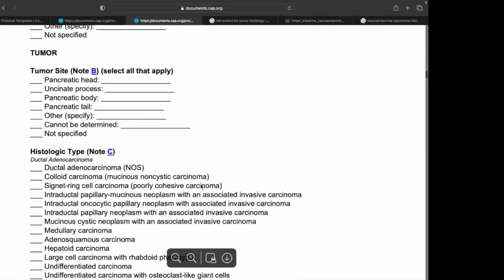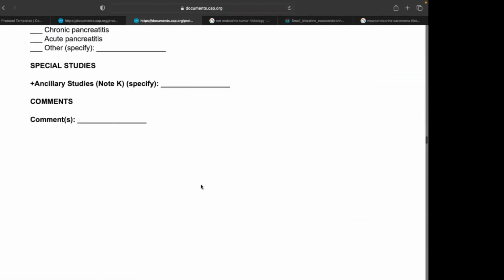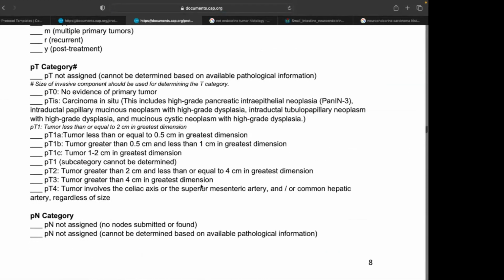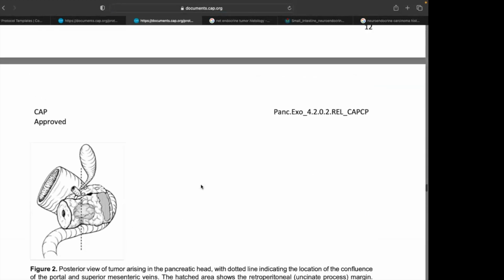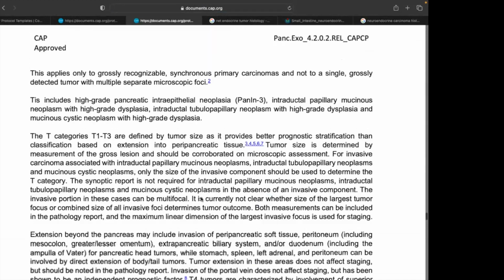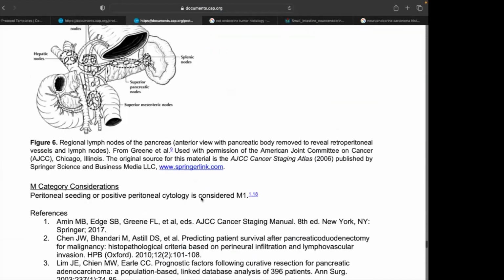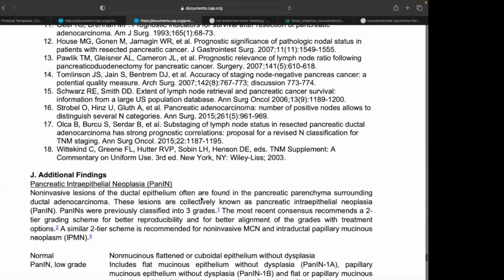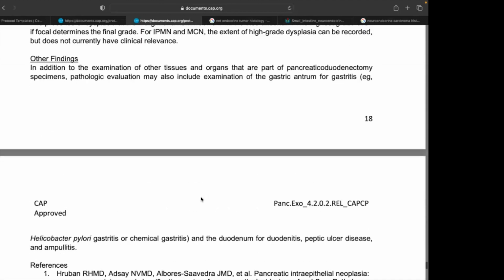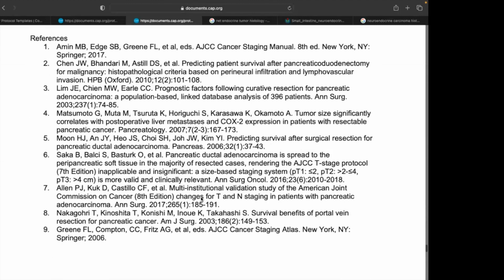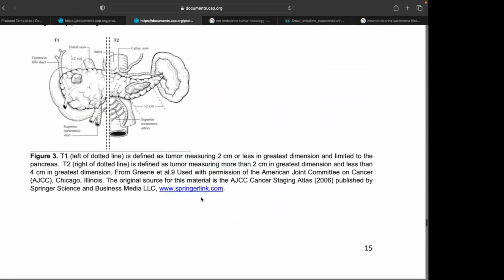You can scroll down. I know what they do for colon. So they don't talk about the clinical differences, so I'm unable to answer that question.